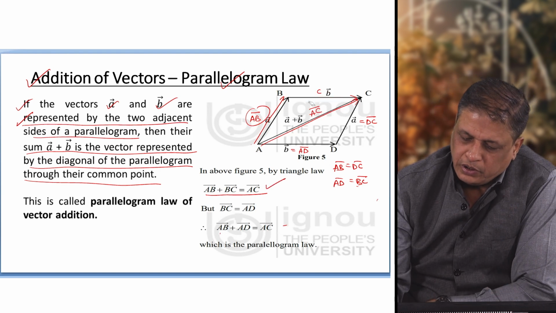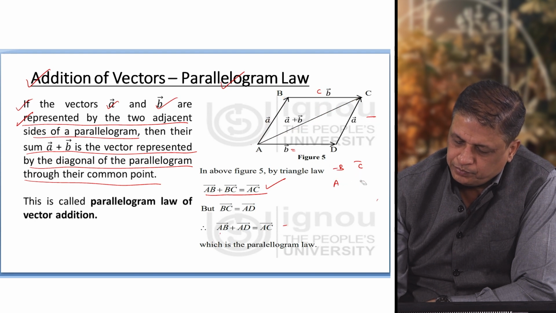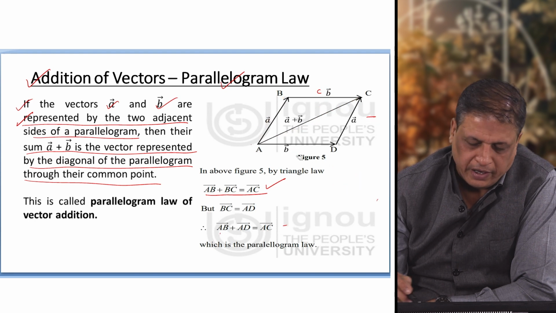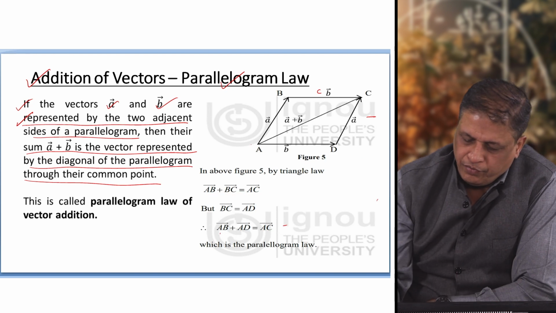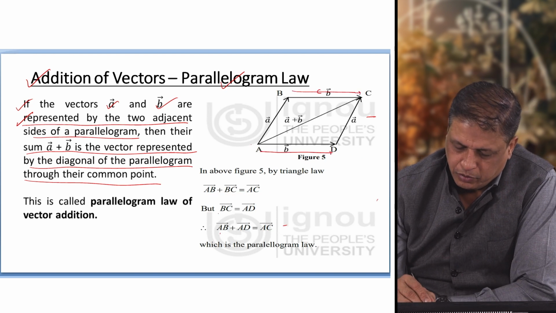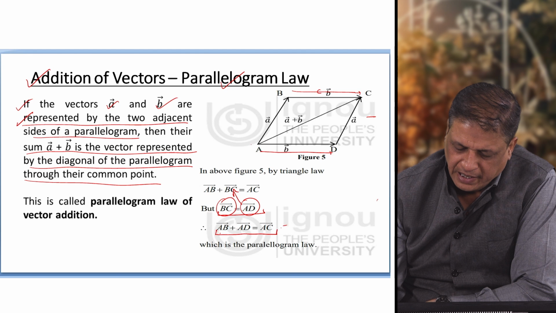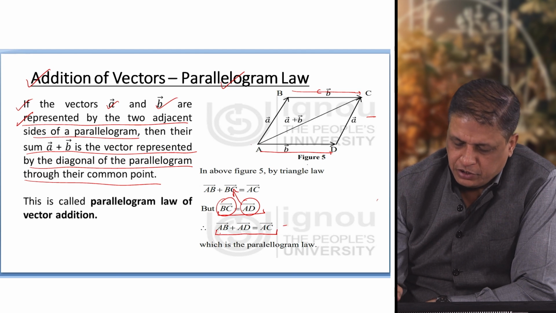But you always know that BC is parallel and equal to the vector AD. This vector and this vector are the same because BC is equal to AD. That means replacing BC by AD in this expression, you can rewrite that AB plus AD is equal to AC.